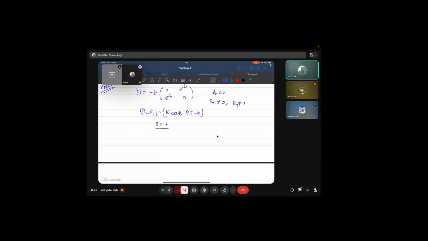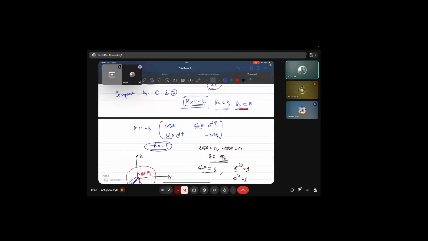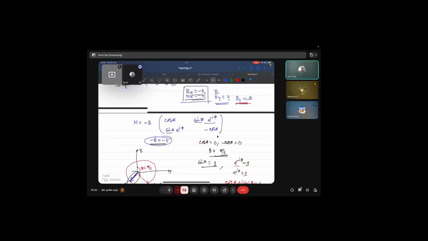If you compare this with e to the power ik, this was the Hamiltonian, and this was e to the power minus i phi.